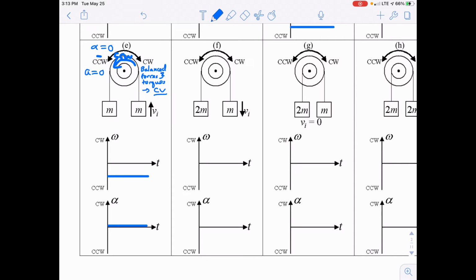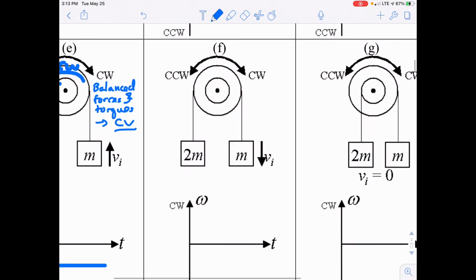Now with the situation with F, let me see here. So what's going on in F? Okay, so we have a heavier mass on the left side, a lighter mass on the right side. And what we're going to do is pull on the lighter mass, but clearly it wants to accelerate in this direction, not in the way that you've pulled it.